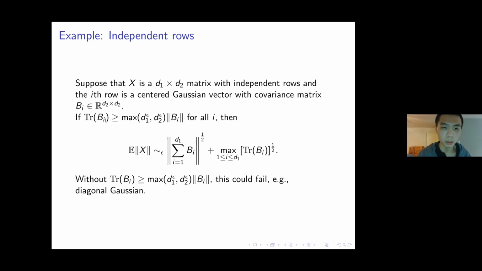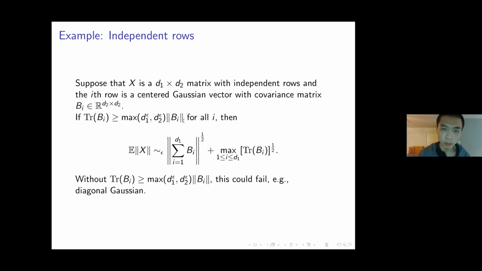Okay, the effective rank is at least this. So this is not too strong a condition, because it's not close to d1 or d2. This is still much less than d1 or d2. So roughly speaking, the stable rank or effective rank is greater than or equal to this quantity. Then we get an exact estimate for the expected spectral norm up to a constant depending on epsilon. So that's the formula.